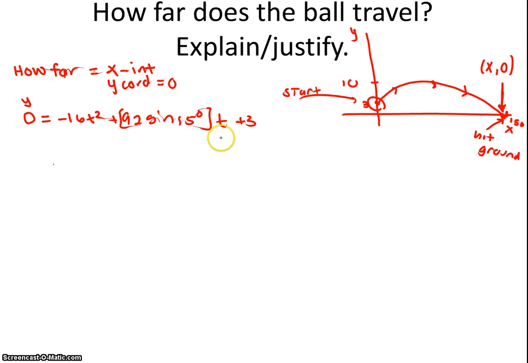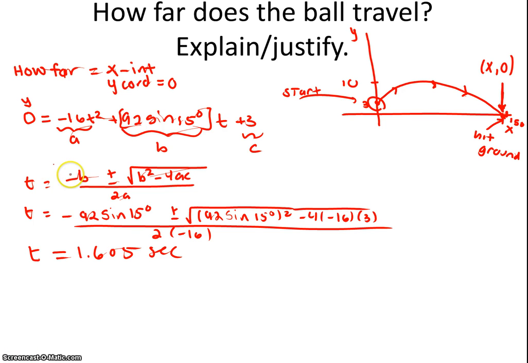When you just have one equation, this is just a standard Algebra 1 quadratic equation, where this is my a value, this is my b value, and this is my c value. When I want to solve this, it's a quadratic, and I can solve using the quadratic formula. So let's go ahead and plug in these values a, b, and c into the quadratic formula.